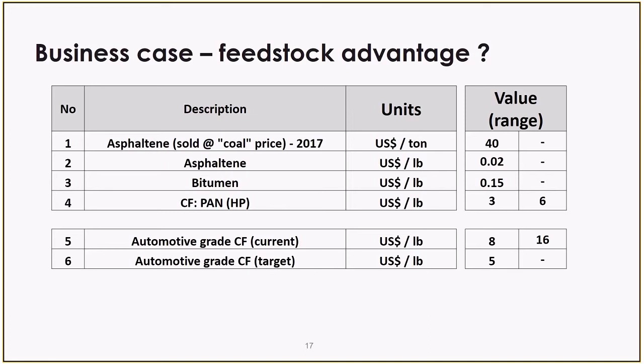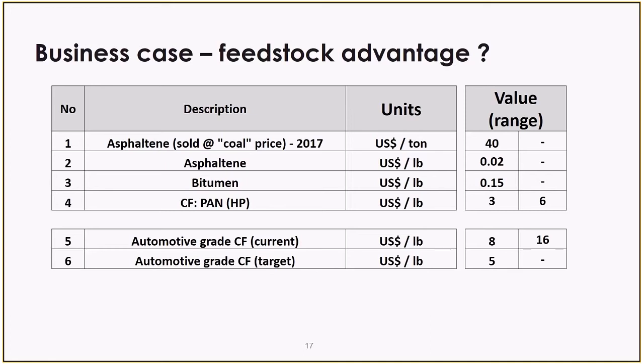So automotive grade carbon fiber currently is about $8 per pound. That is to say, the carbon fiber that can go into the automotive industry, which is a huge part of the steel industry, and we'll talk about that, is $8 per pound.